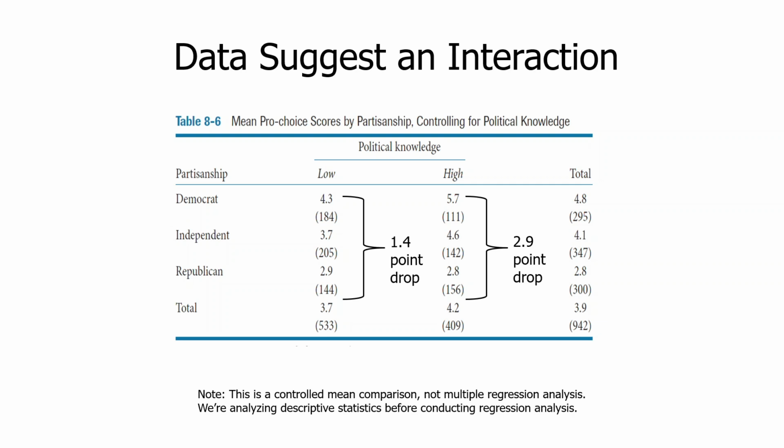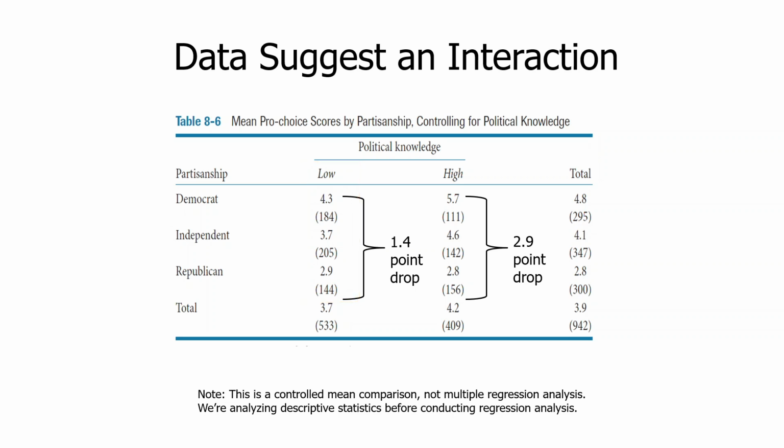Let's look at the effect of partisanship among low knowledge respondents. Low knowledge Democrats scored 4.3 on this scale. It goes down to 3.7 among independents and down to 2.9 among Republicans.